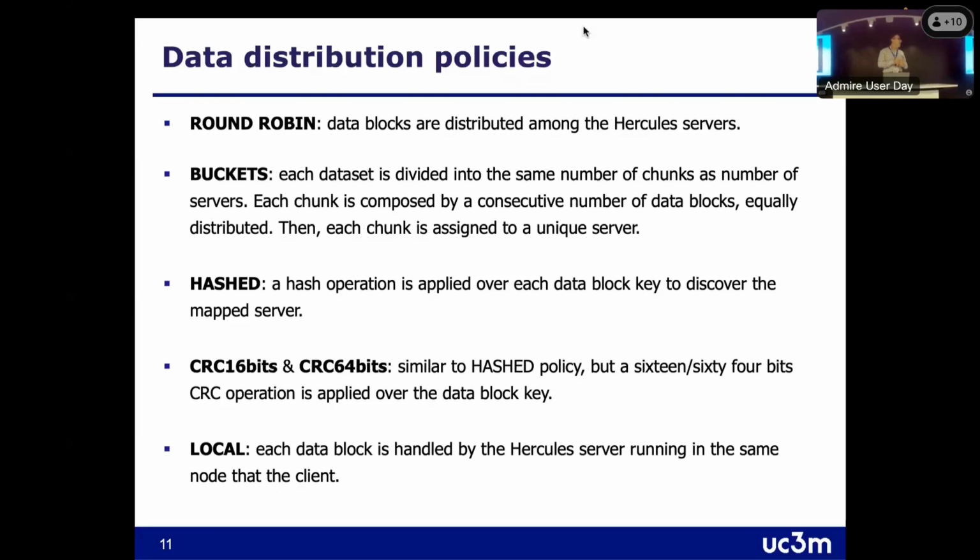And then we have a hash policy applying CRC operations over the data. This is another way of hashing. And then, as I said, we have the local policy, which basically means that each block stays always in the same server as the process that is generating it.